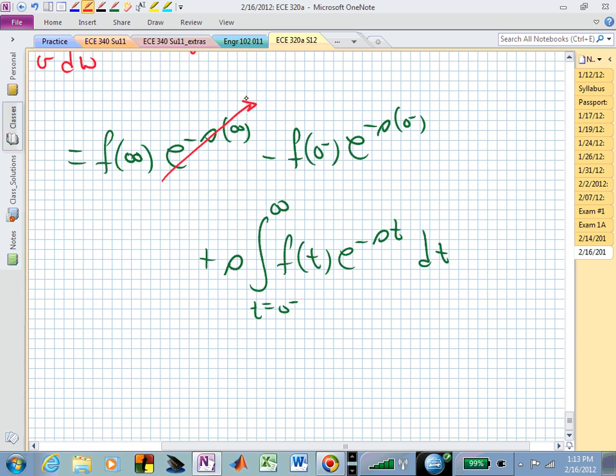We're going to assume that f is well behaved, so f of infinity is bounded. That's what I mean by a function being well behaved, that its behavior at infinity is not unbounded. This piece, e to the minus s infinity, dominates that, and so it drives the whole piece to 0. This you've already told me is 1. And what does this look like?